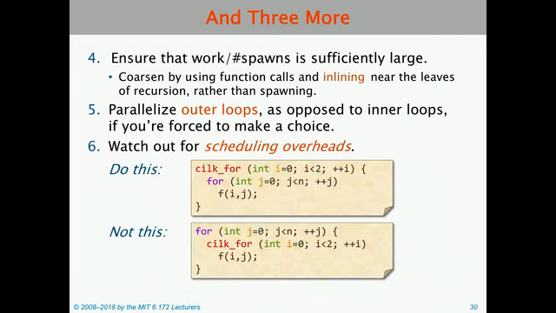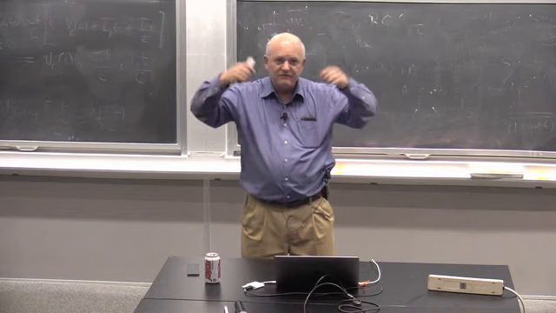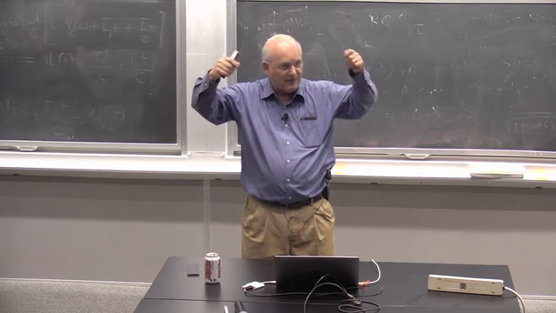And watch out for scheduling overheads. Here's an example of two codes that have parallelism 2. One of them is an efficient code, and the other one is a lousy code. The top one is efficient because I have 2 iterations that I run in parallel, and each of them does a lot of work, so there's only one scheduling operation that happens.